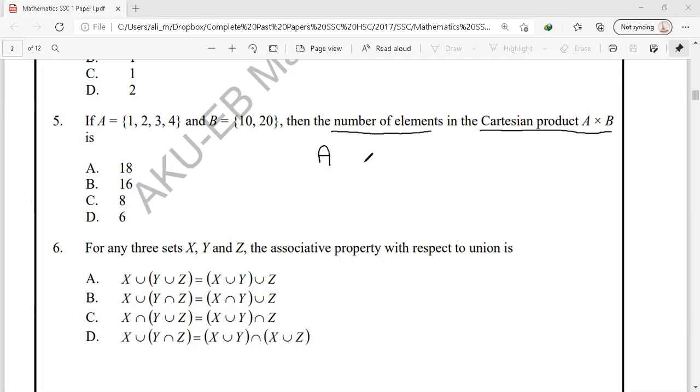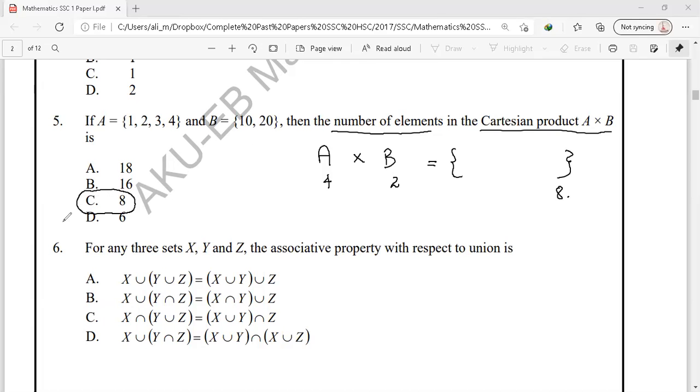So the number of elements in set A is 4 and the number of elements in set B is 2. So the number of ordered pairs in the Cartesian product A cross B would be 4 twos are 8. So there will be 8 ordered pairs or 8 elements in our Cartesian product A cross B.